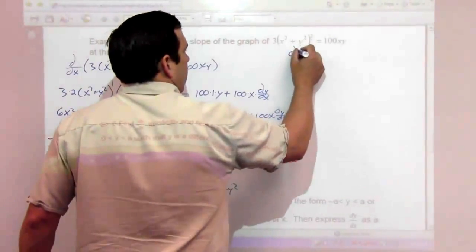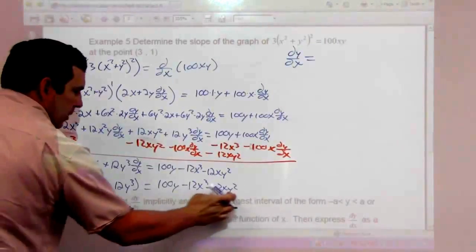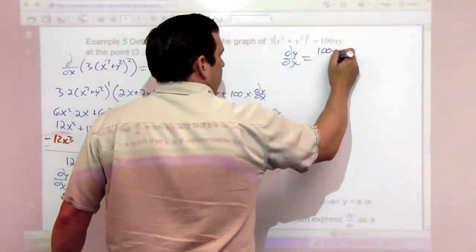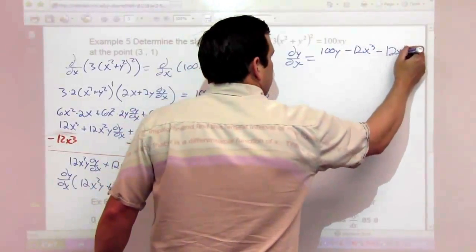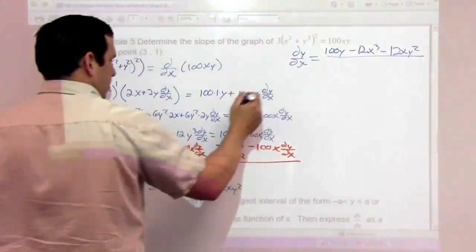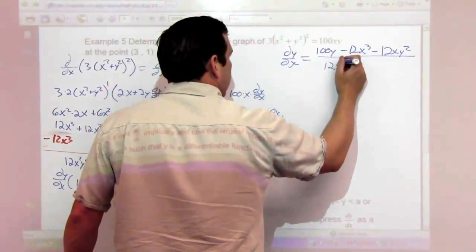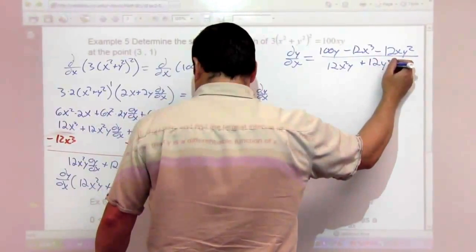So dy/dx is going to be equal to this expression divided by this expression: 100y minus 12x cubed minus 12xy squared over 12x squared y plus 12y cubed.